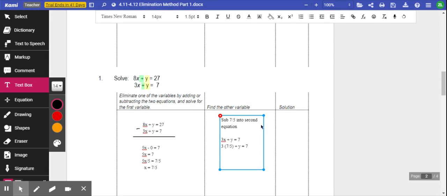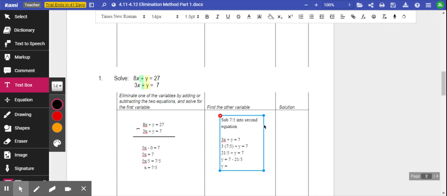So 3 times 7 over 5, or 3 over 1, would be 21 over 5, okay? Plus y equals 7. If we had this, we'd move the 21 over 5 to the other side, but 7 minus 21 over 5.